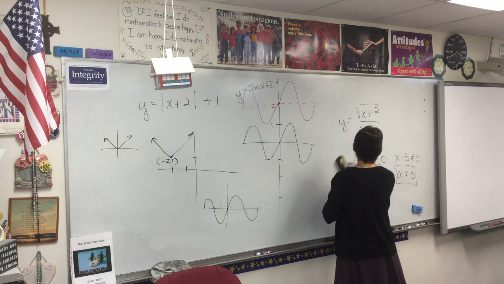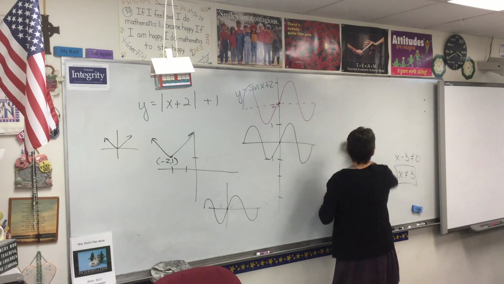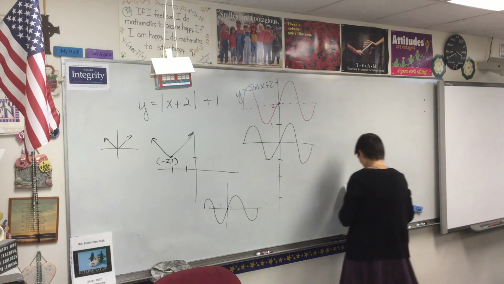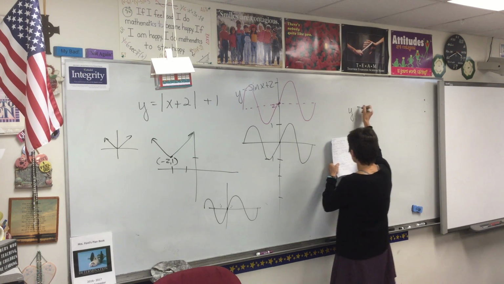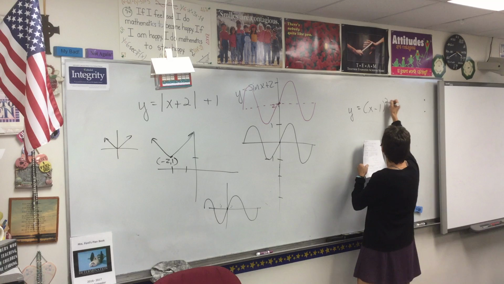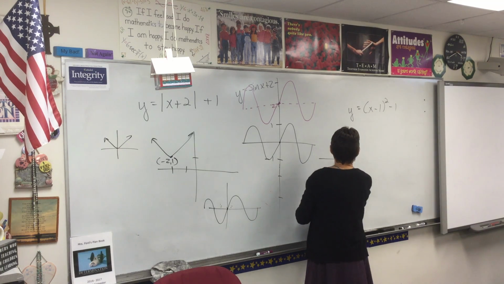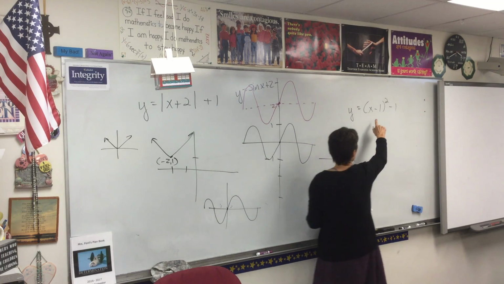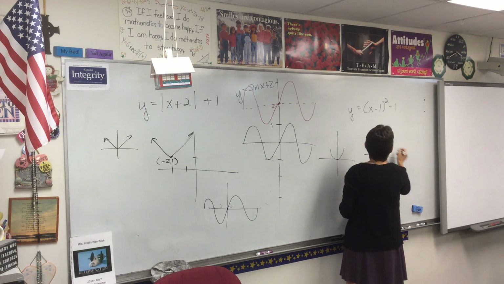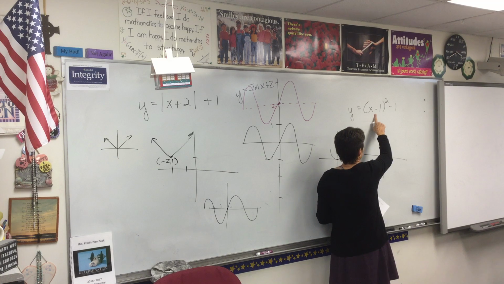C is not tricky at all. What shape is C? C is a parabola. And your normal parabola, of course, is vertex at the origin. So it looks like this. That's your normal one. What has happened to this one? It goes down 1 and right 1.